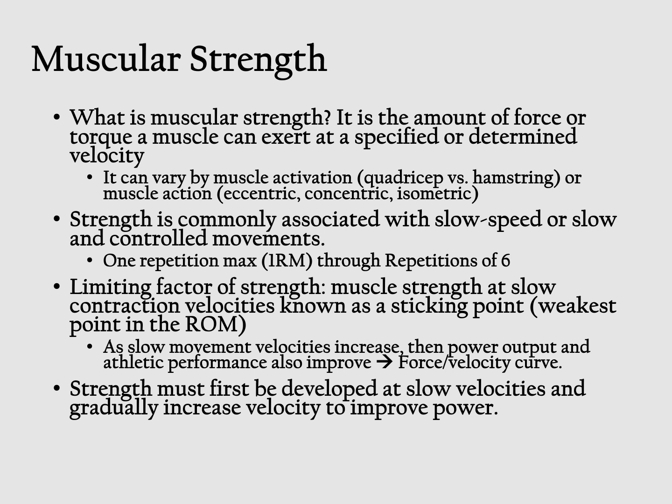This is known as moving through the force velocity curve, which we'll talk about in a few slides. But remember, when we get to that point, muscular strength is a part of that force velocity curve, but it's only a very small portion of training.